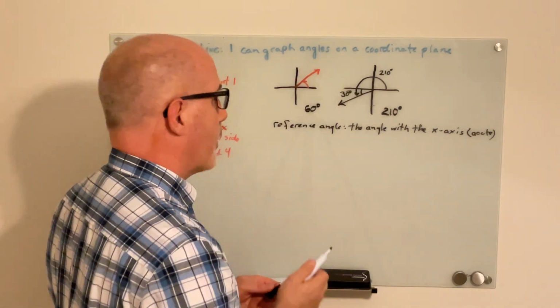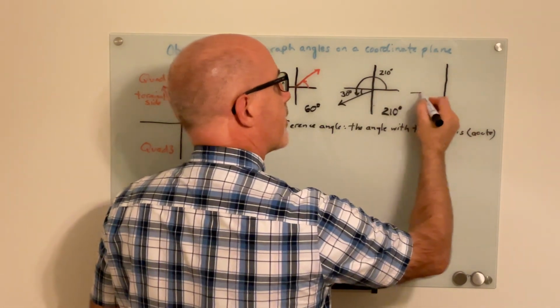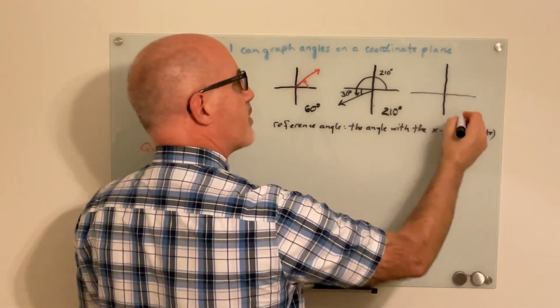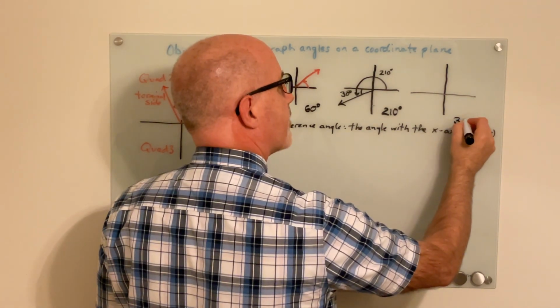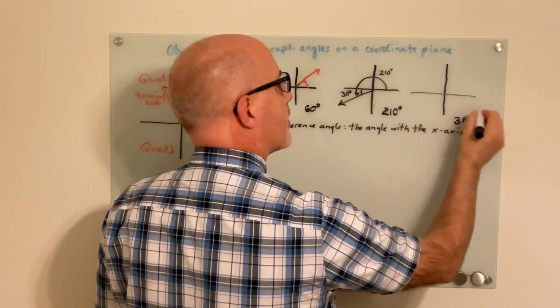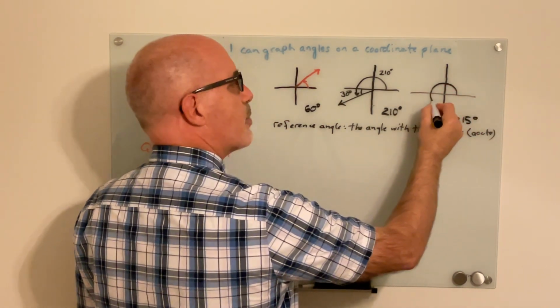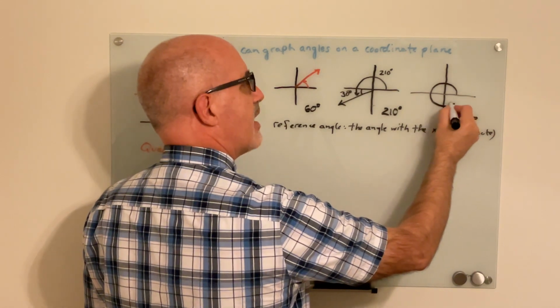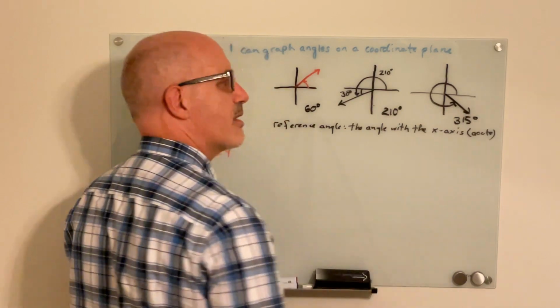All right, let's draw another one. Let's try one in the fourth quadrant. Let's do, for instance, 315 degrees. So 315 degrees would go past 90, past 180, past 270, and would come over here into the fourth quadrant.